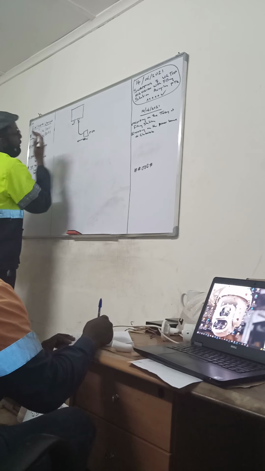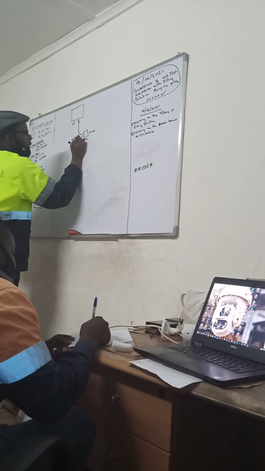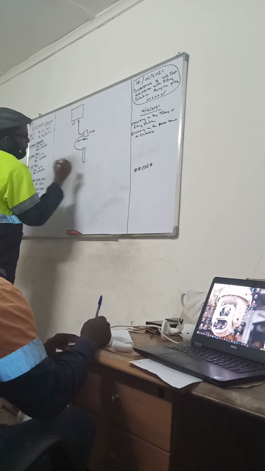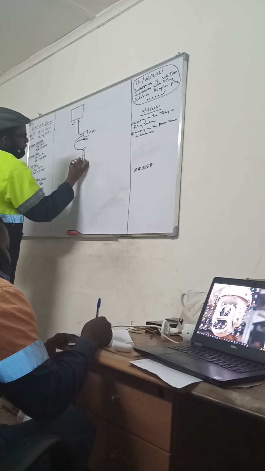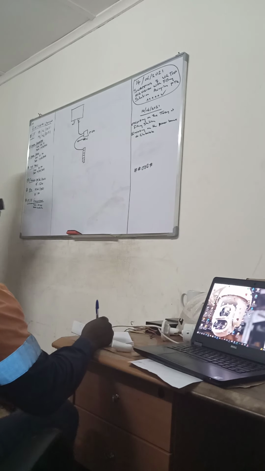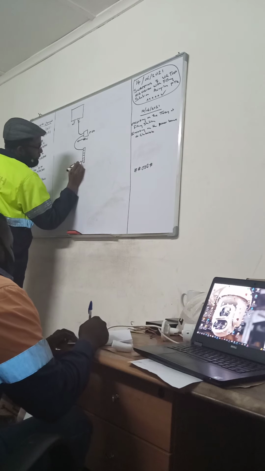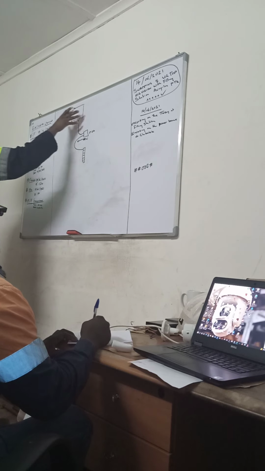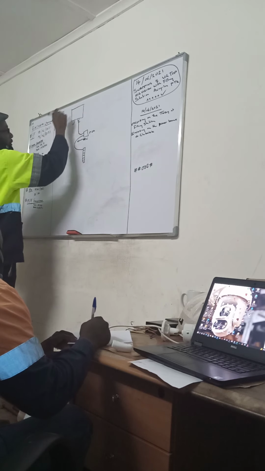Then from the POE, it goes into the switch. For example, we want to view a camera, right? This radio is seated on this area here.